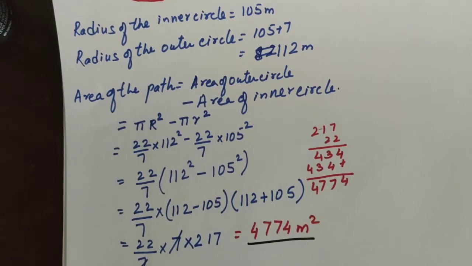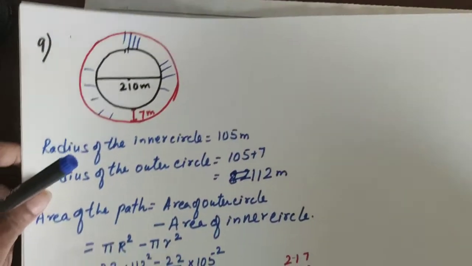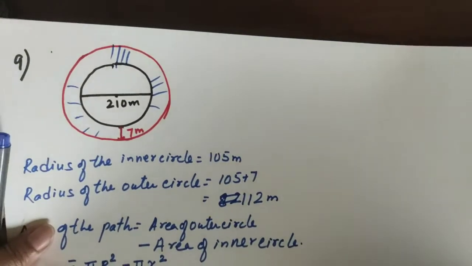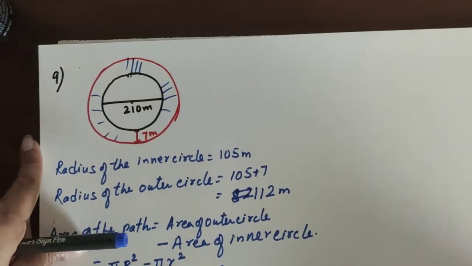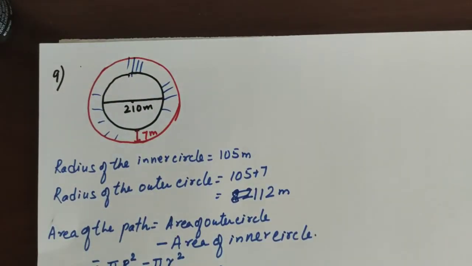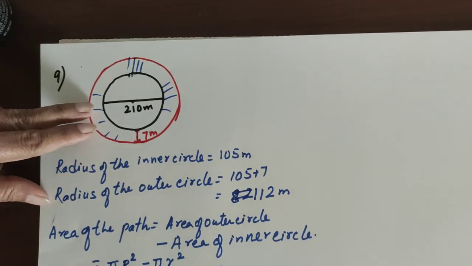Now I will do question number 10 for you. Question number 10 is, a wire when bent in the form of a square encloses an area of 484 centimeters square.